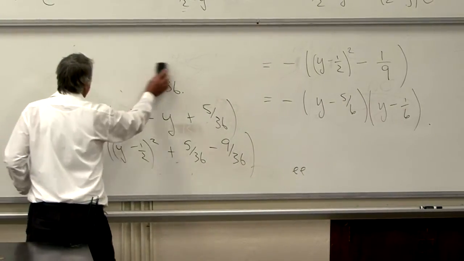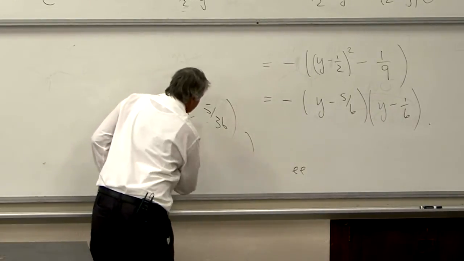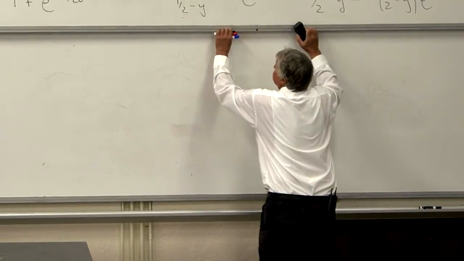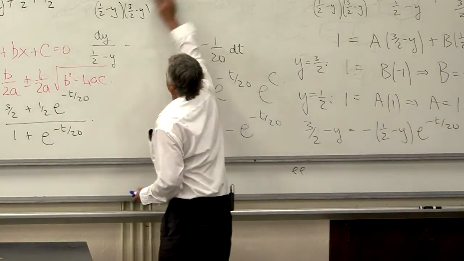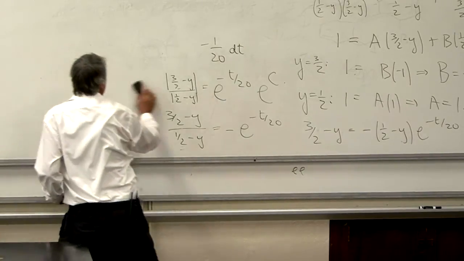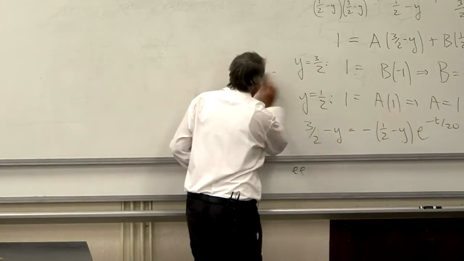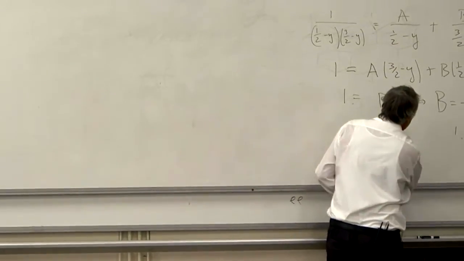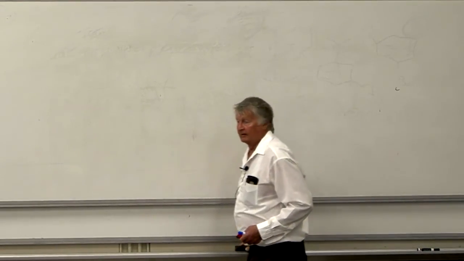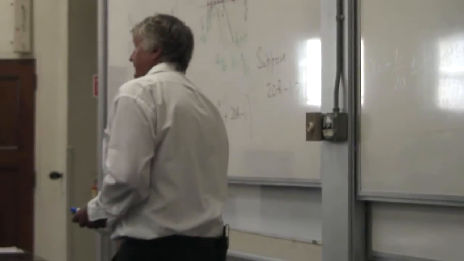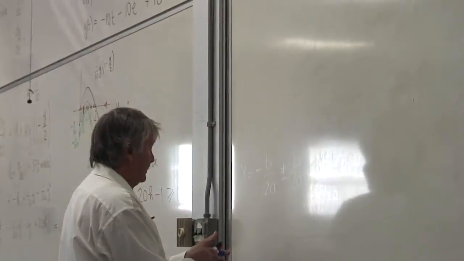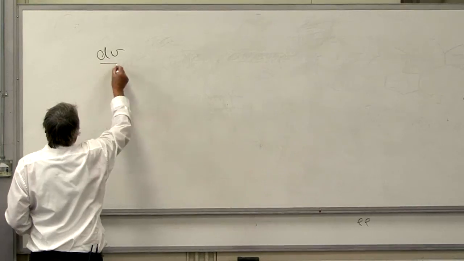Now, let's go back to the falling bodies. So the falling body problem. So, we have dv by dt.